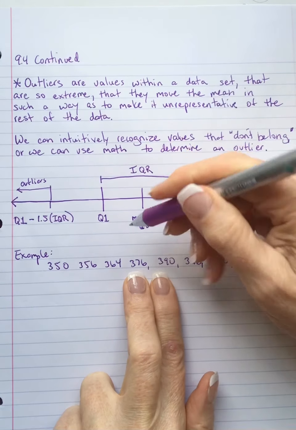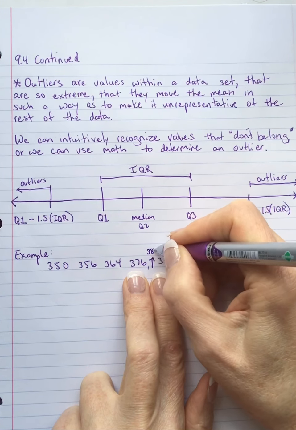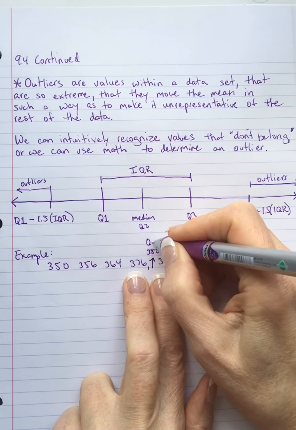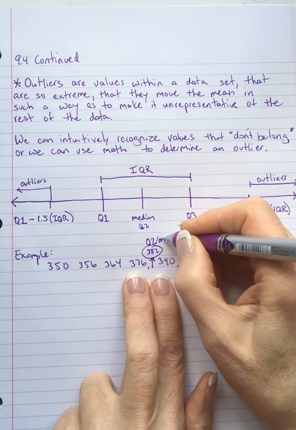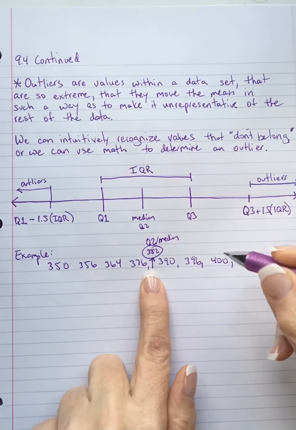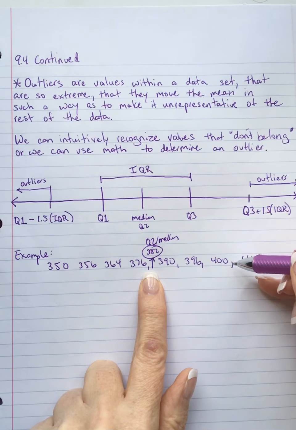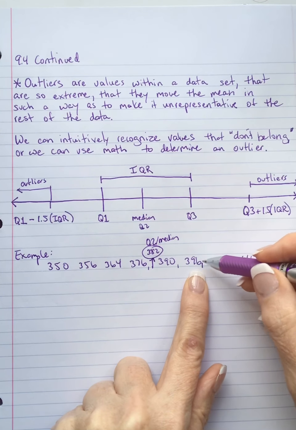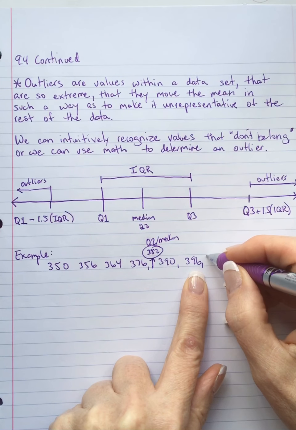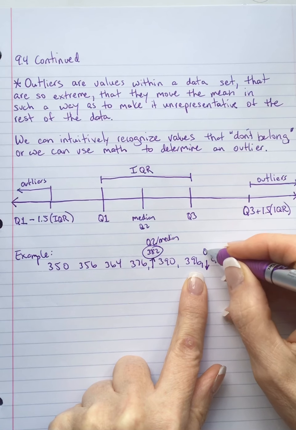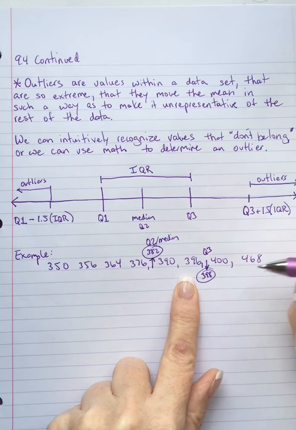If I add these together and divide by 2, I'm going to end up with a number, 382, which is our quartile 2 or median. And then quartile 1 and quartile 3 would be in the middle of each half. Adding those two numbers and dividing by 2, this is Q3, and that's going to be 398.